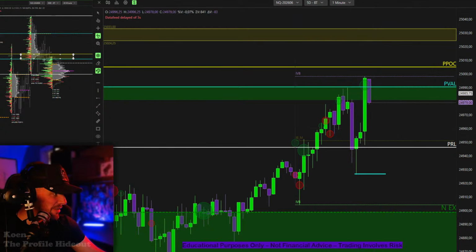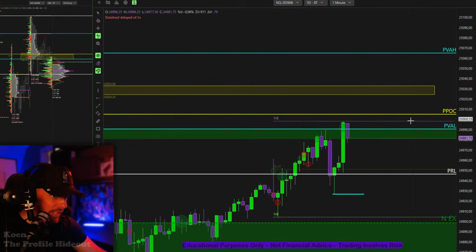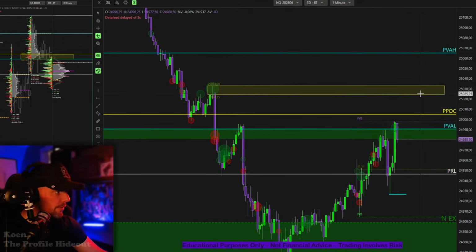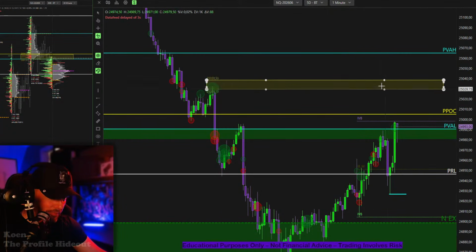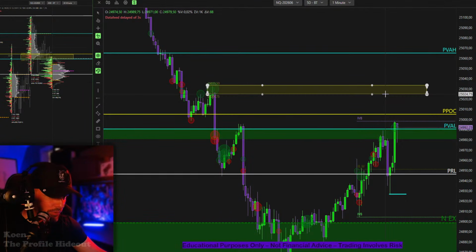It's a lot of sell aggression. If it goes past the prior POC, it's going to be looking real good for more up. I do like the target of the news.